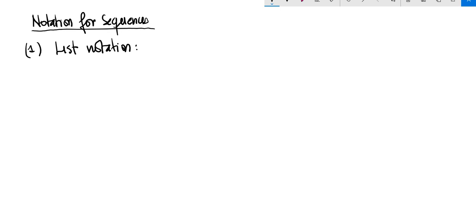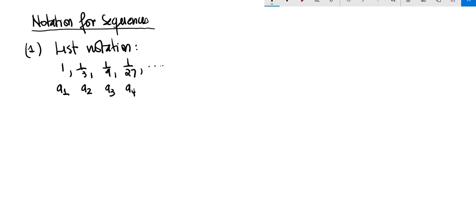In this case, we simply list the elements: 1, 1/3, 1 over 9, 1 over 27, and so on. The first one is called a sub 1. The second one is a sub 2, so a sub 2 is 1/3. A sub 3 is 1 over 9.